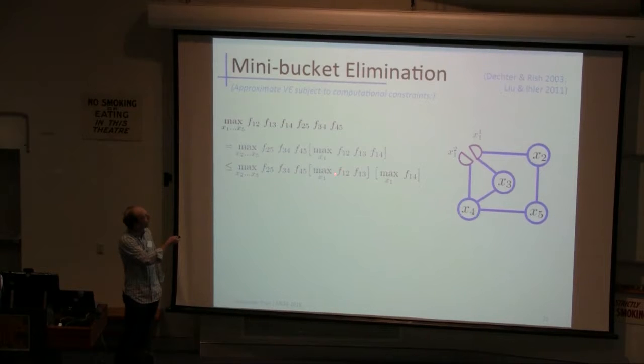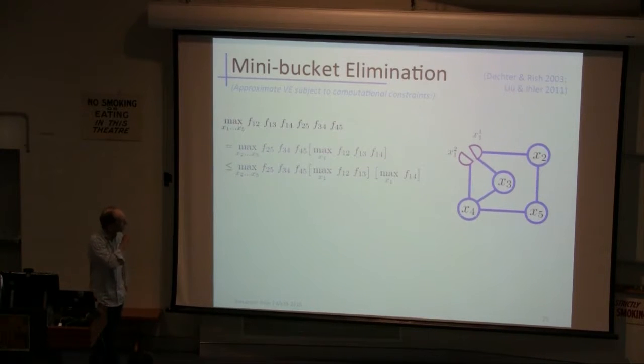But if I group them and eliminate over x1 separately in this pairing and in this factor, you can think of that in some sense as splitting the x1 in these factors so that I have one variable within this pair and then a separate variable in the other set.